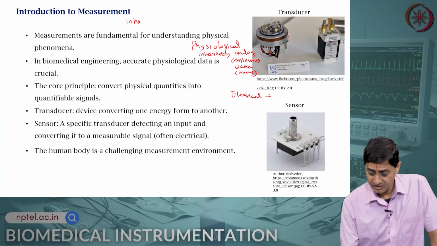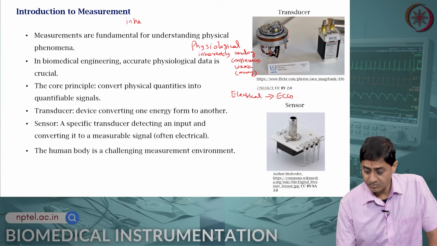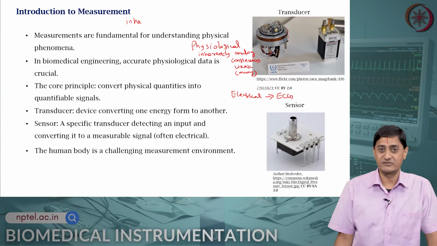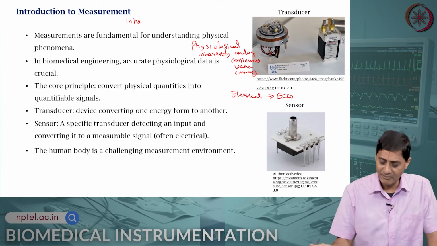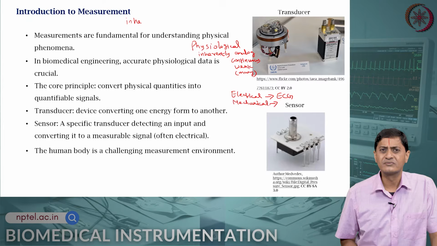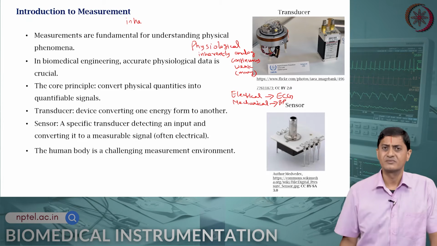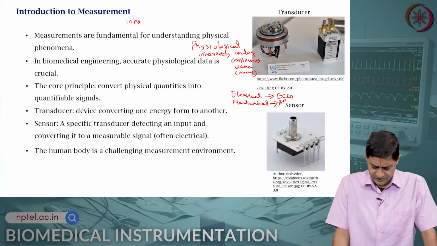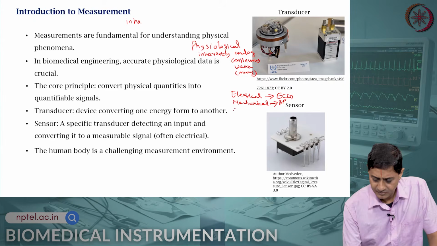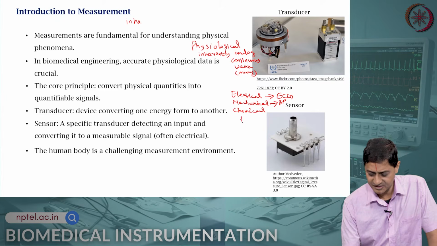For example, the best example is, of course, the electrocardiogram, an electrical output from the body, or it can be mechanical. What is a simple example? Blood pressure, is it not? BP. It's a mechanical output, is it not? Or it can be chemical. What is the best example? Blood glucose level, is it not?